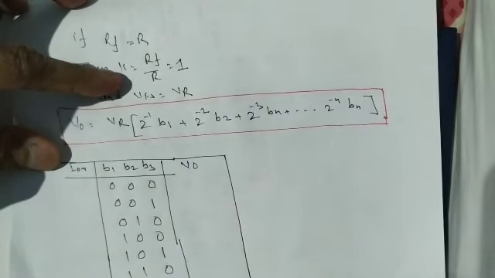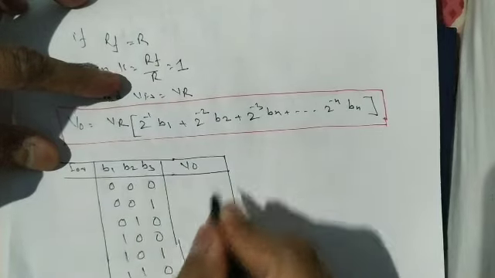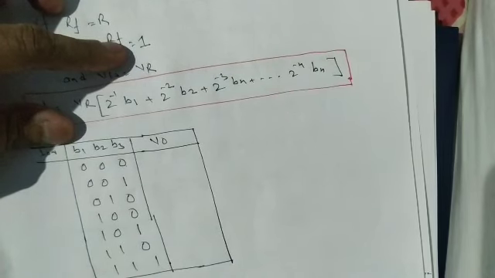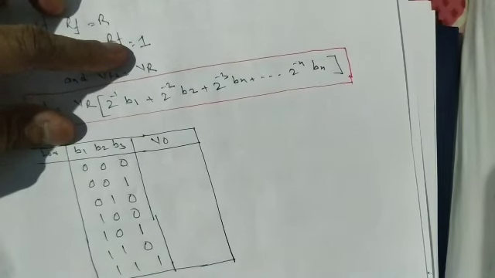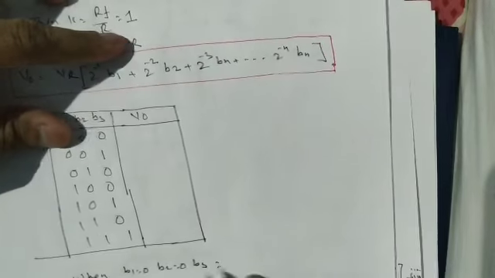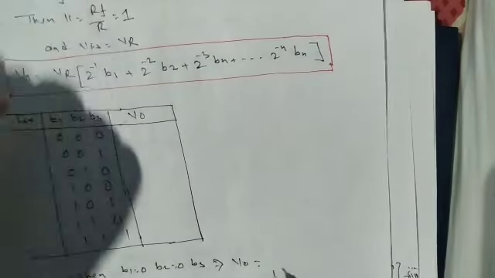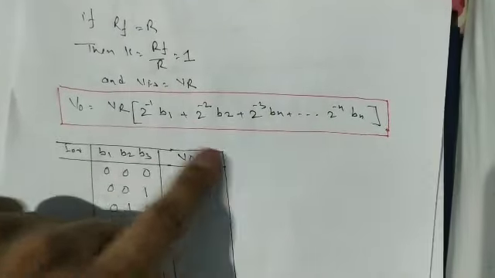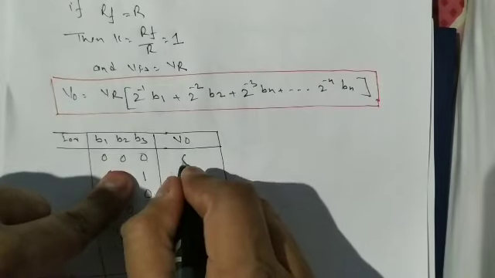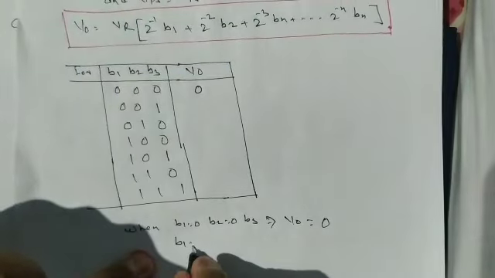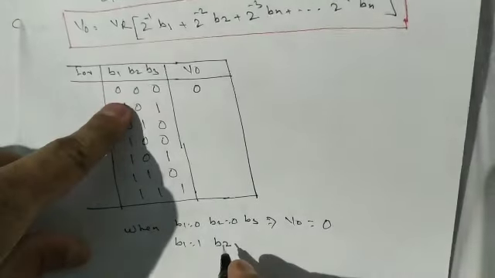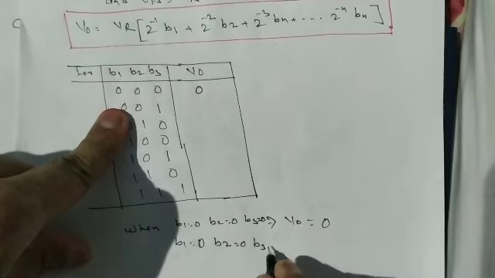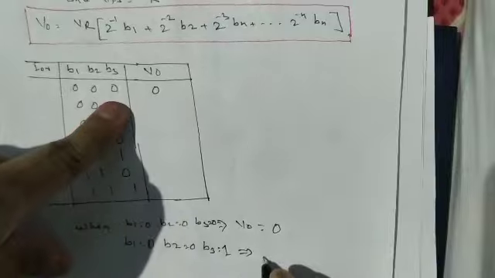What are the values of V0? I will solve one by one. When B1 equal to 0, B2 equal to 0 and B3 equal to 0, what will the value of V0 be? V0 equal to VR times 0 plus 0 plus 0, so V0 equal to 0. Here we will get 0. Now B1 equal to 0, B2 equal to 0 and B3 equal to 1. Then what will be the value of V0?